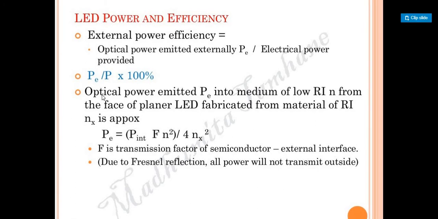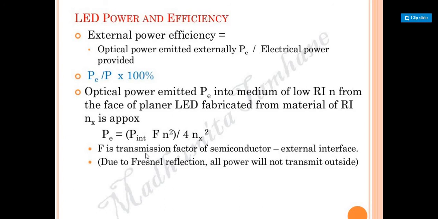That's how we obtain the optical power emitted, P_E, into the medium of low refractive index, given by n. Using the formula, we obtain P_E is equal to P_in F n squared by 4 n_x squared. What does F stand for here? That is the transmission factor of the semiconductor-external interface.